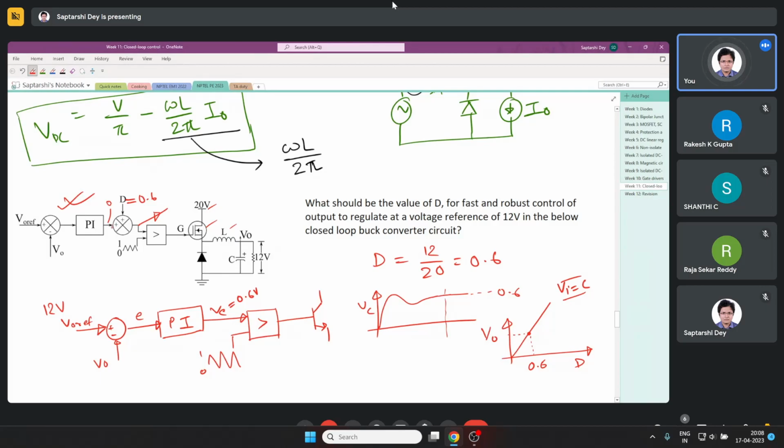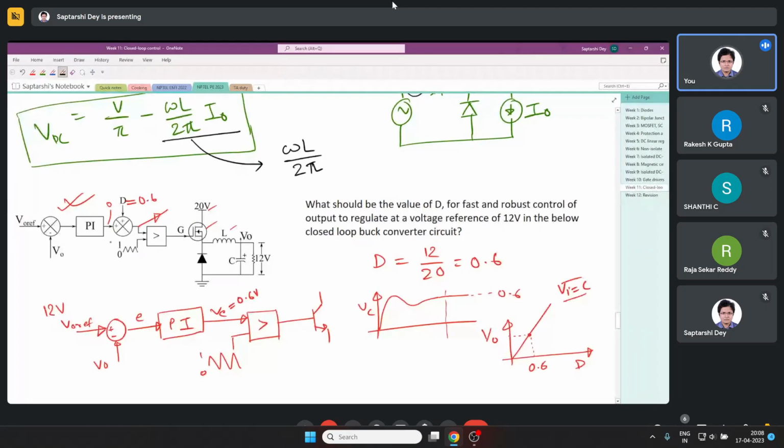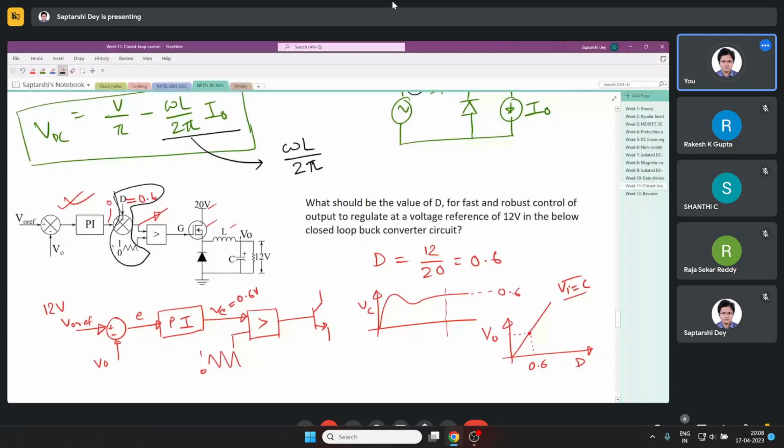So what I am gaining by connecting this extra block here is that I am manually pushing the control circuit very close to the steady state value. I know where the steady state is by my knowledge of the power circuit.